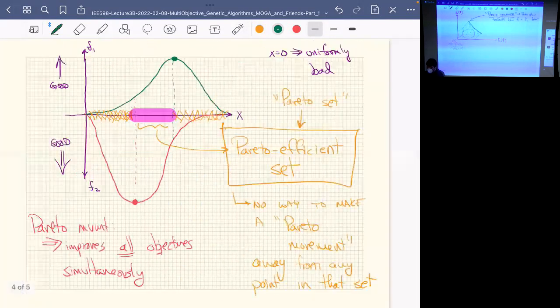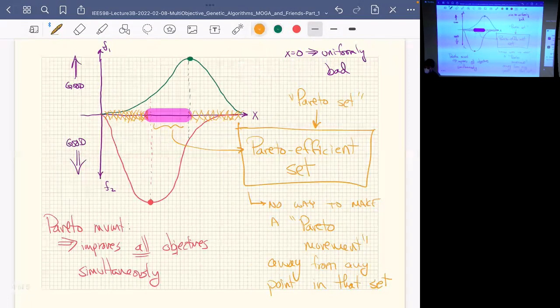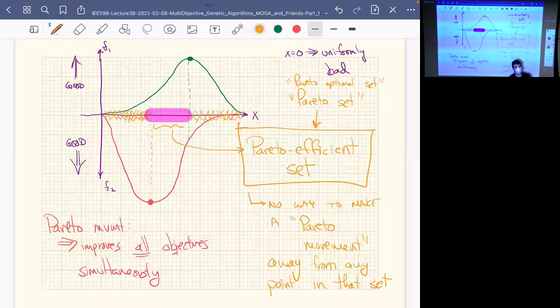And then sometimes people would call this the Pareto Optimal Set. So I hope you see the pattern that set refers to the decision variables, and then frontier refers to the optimization objectives.